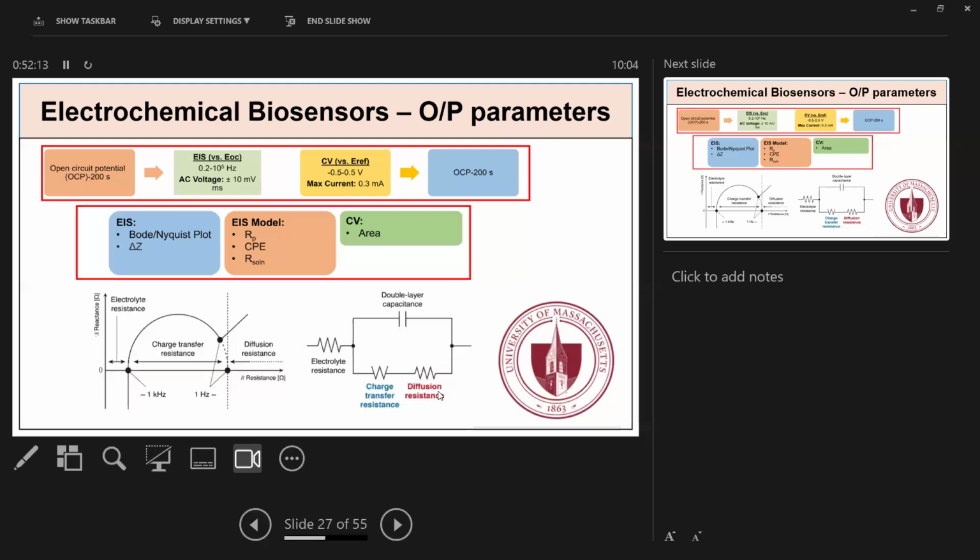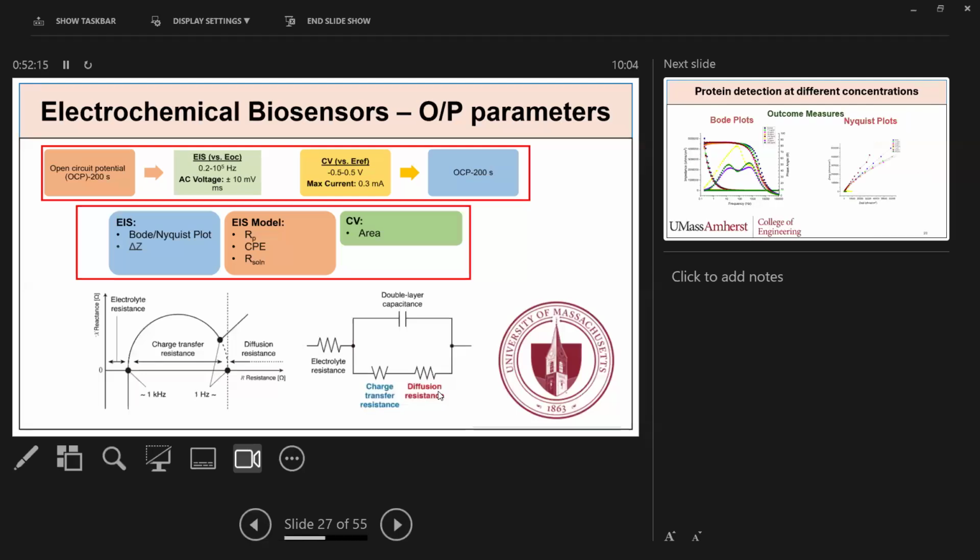Yeah. So what do we get from electrochemical biosensors after all this interaction, transducing readable parameters: open circuit potential, EIS, electrochemical impedance spectroscopy, which is nothing but the charge transfer resistance and the diffusion resistance. You can see this semicircle followed by a straight line.